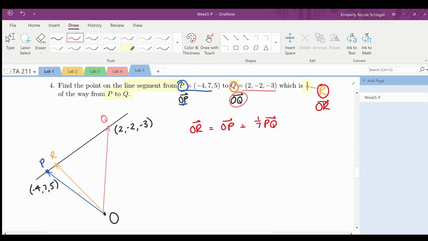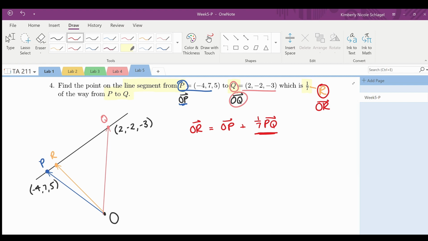We know that because if we go OP and then go 1/7 of PQ, then we can see from our tip to tail method that it's going to result in that vector, our OR, which is what we want. So right now we see that, but the only problem is that we don't know what 1/7 of PQ is, right?